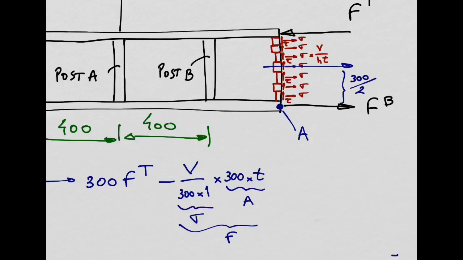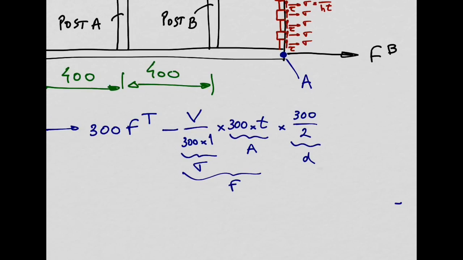Yeah? You all agree with me for the moment? So I need to multiply this now by 300 over 2. So if you want, this is the distance, and then the product of this force times the distance will give me the moment.